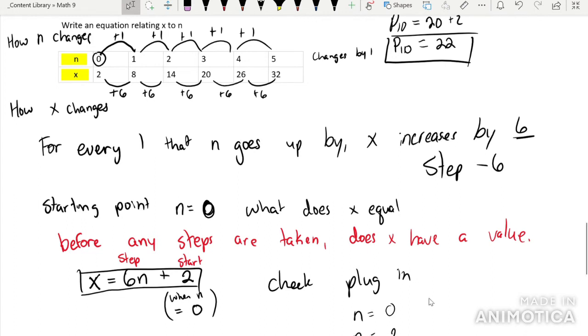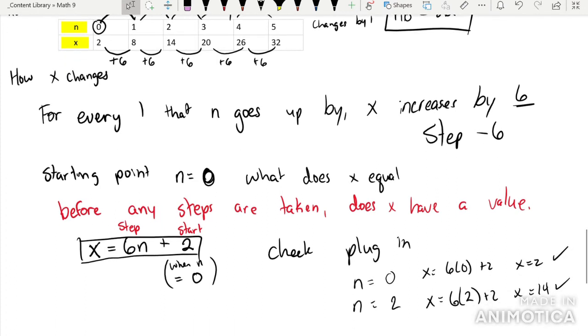For each one, I should get x is equal to 6 times 0 plus 2. So I get x is equal to 2. Good. I want to make sure it works for more than just 1. So I'm going to try 6 times 2 plus 2. So I get 12 plus 2, so x is equal to 14, also good. So if it works for 2, or even if I want to go one more and try it for 3, that'd be me being really safe, so I'll try n equal to 5.